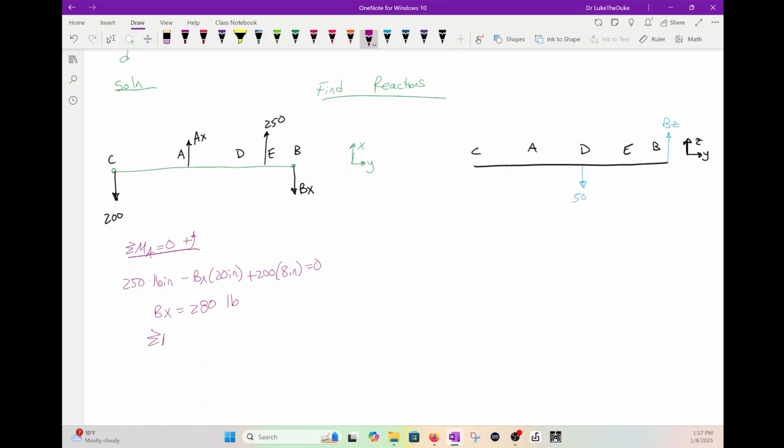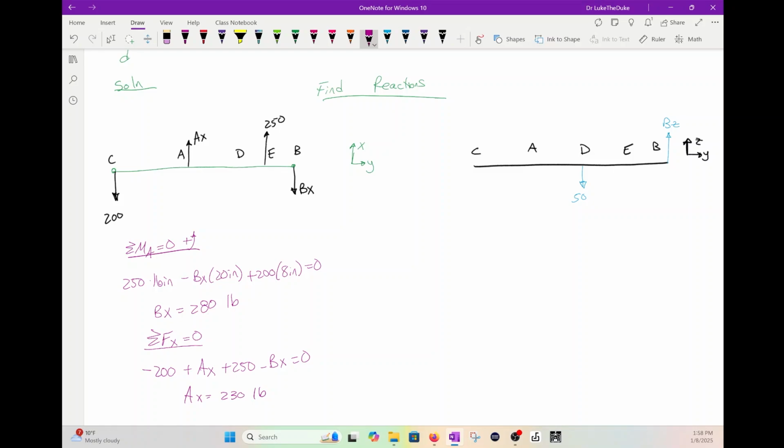We can sum the forces in the X, set that equal to 0. We have minus 200 plus AX plus 250 minus BX equals 0. Plug in BX, and we get AX to be 230 pounds.